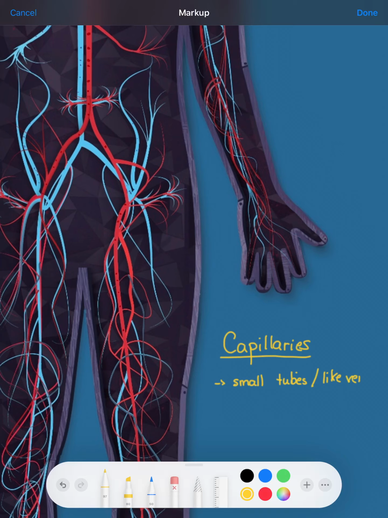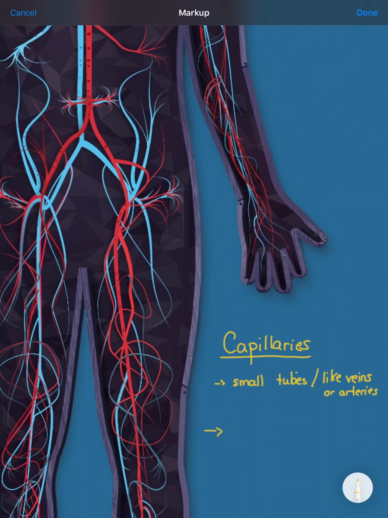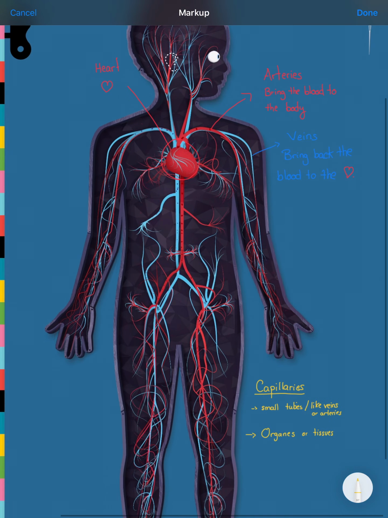Ça ressemble à des veines ou des artères. But very, very small. And where are they? Où est-ce qu'elles se retrouvent? À l'intérieur des organes, inside the organs, or tissues. À l'intérieur des organes ou les tissus. So let's review. On va réviser.